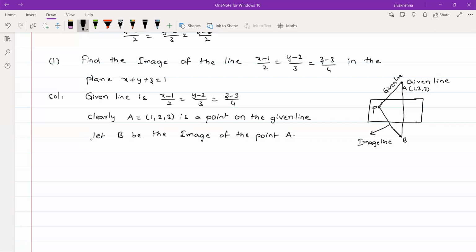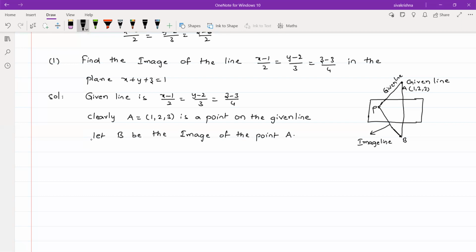If you want to find the point B, first I want to find the equation of the line AB. To find the equation of a line, we require one point and also the DRs of that line. Here I have one point, that is capital A.